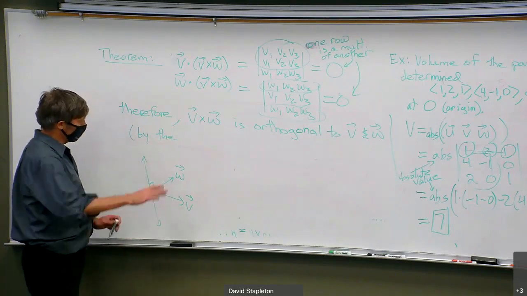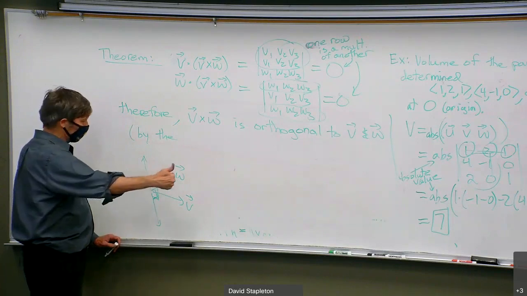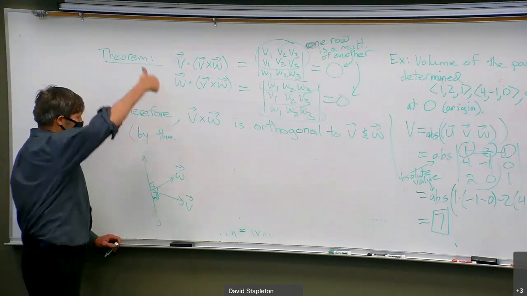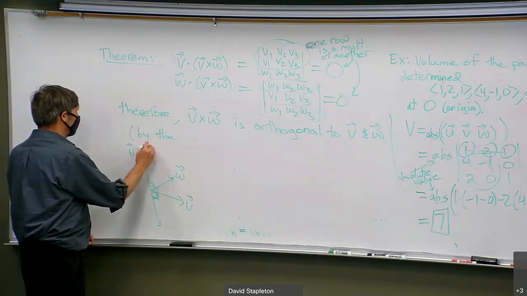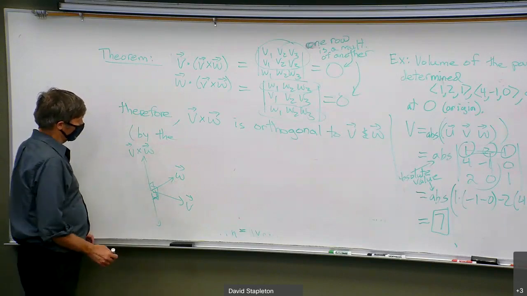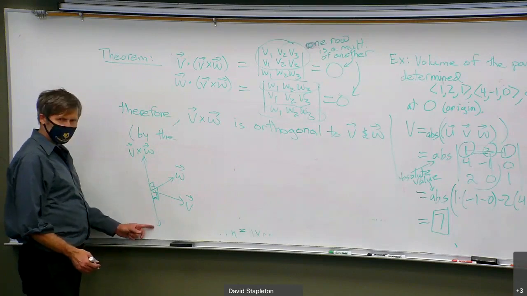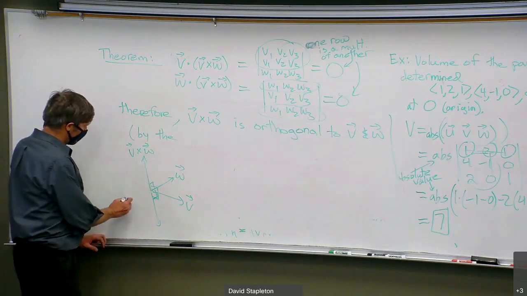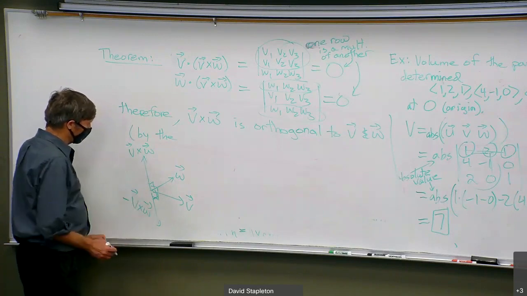What you do is you take your right hand, point your fingers in the direction of V and turn them towards W, and the direction your thumb points is the cross product. So this is V cross W. And this one is not V cross W. What is it? I think it's the same length, the opposite direction. It's minus V cross W.